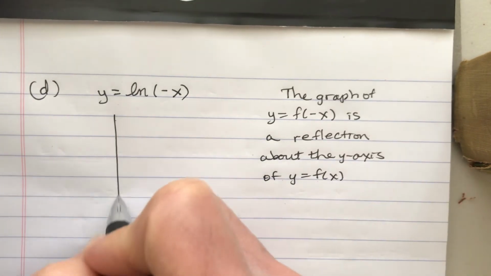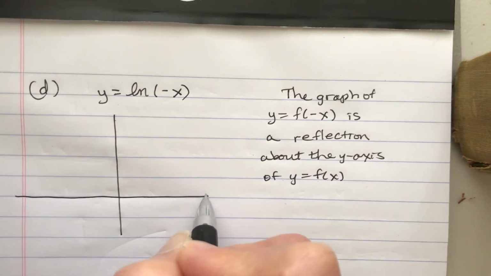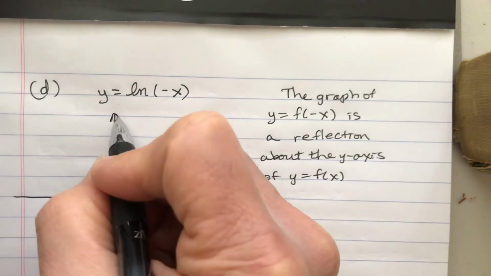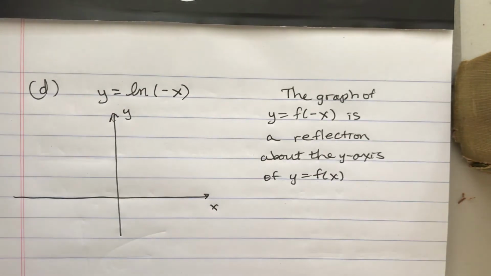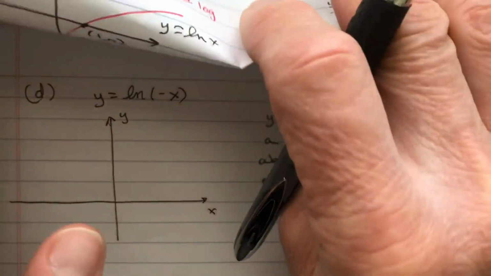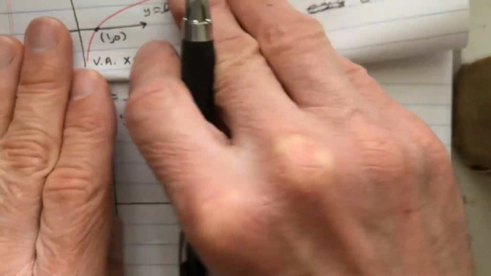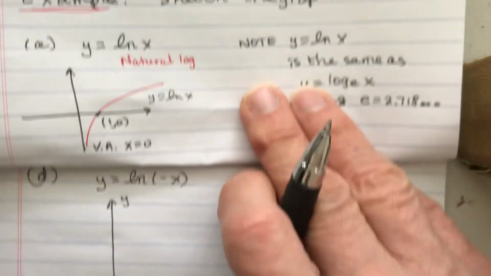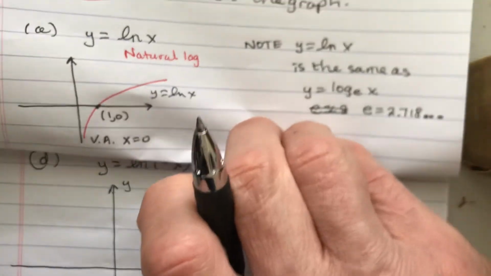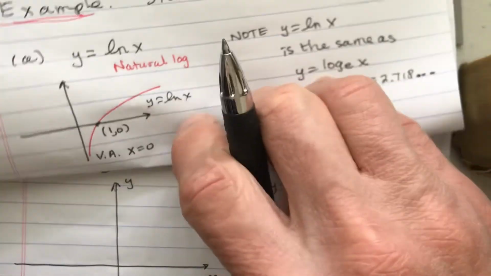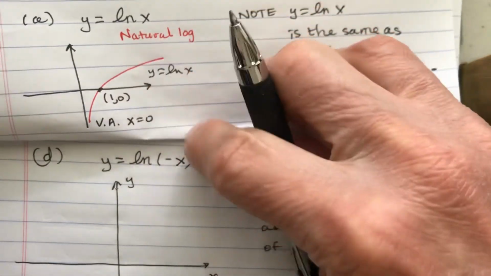So what I can do is just draw the logarithm graph. This is natural ln x. This is ln negative x.